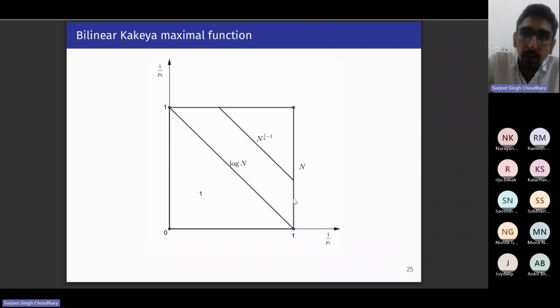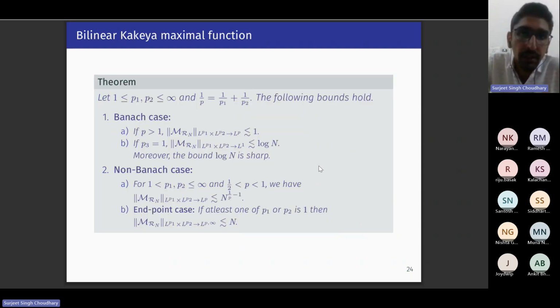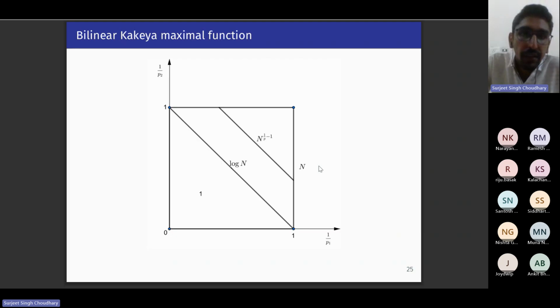And on these two boundaries, we have weak type boundedness with norm dependence like n. And when we want to prove a vector valued result for the bilinear Kakeya maximal function, then we will lose this constant in the Banach range.